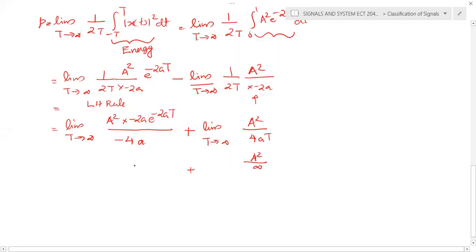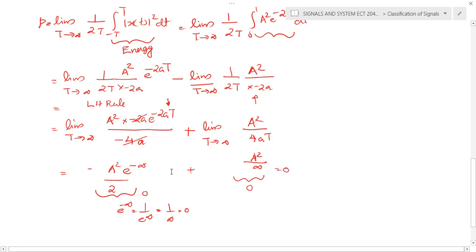Applying T equal to infinity, it becomes a square into e raised to minus infinity, and e raised to minus infinity means 1 by e raised to infinity, which is 1 by infinity, so it becomes 0. So this term is also 0, and here also we get 0. So finally you'll get power is equal to 0.